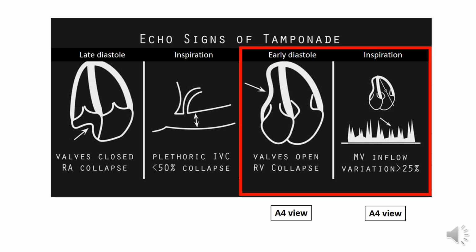This causes the septum to become slightly shifted towards the left ventricle, causing decreased flow over the left ventricular outflow tract and mitral inflow, while this variation becomes, on the opposite side, increased on the right side.